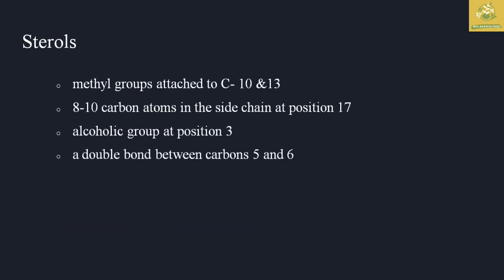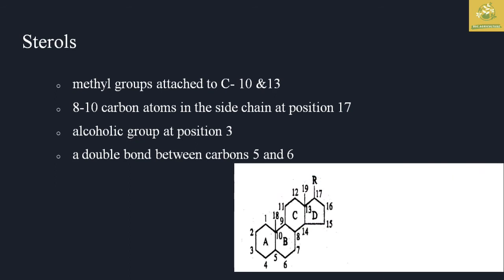Sterols have a methyl group attached to carbons 10 and 13, a side chain at position 17, the alcoholic group at the 3rd carbon, and a double bond between carbon 5 and 6. You can see this easily in this picture, or else the picture is also given in the lecture notes in the description. You can catch it up for your exams.